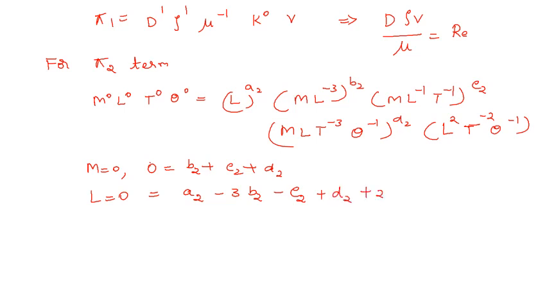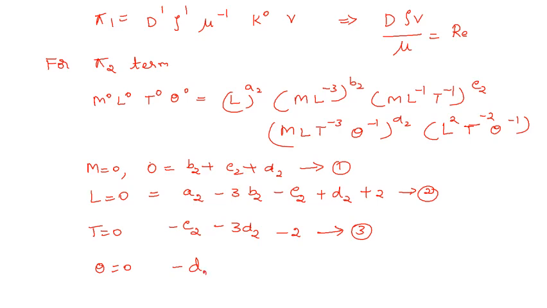So this is equation number 1, this is equation number 2, and for T, if I write here T is equal to 0, I can write that as minus c2 minus 3 d2 minus 2, right? So that we can name as equation number 3, and theta is equal to 0 gives minus d2 minus 1. I get equation number 4.